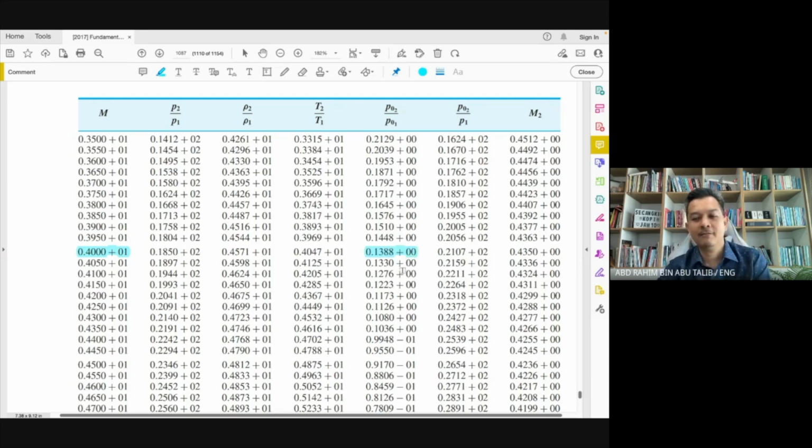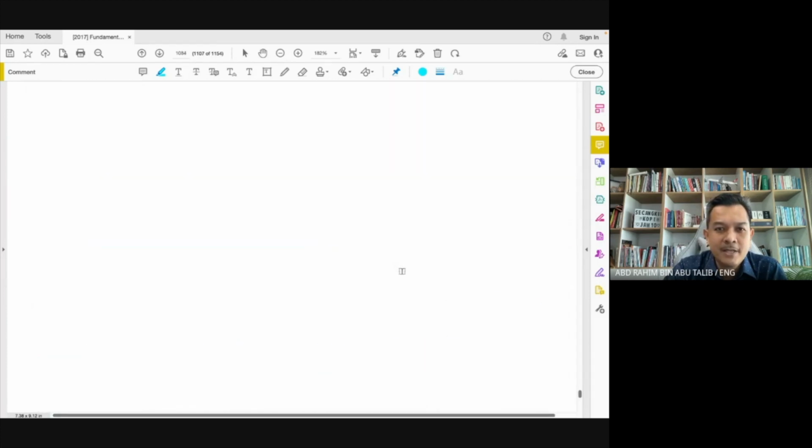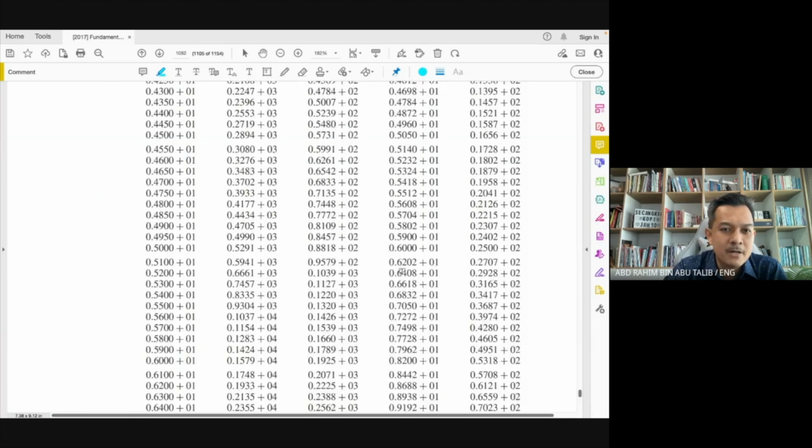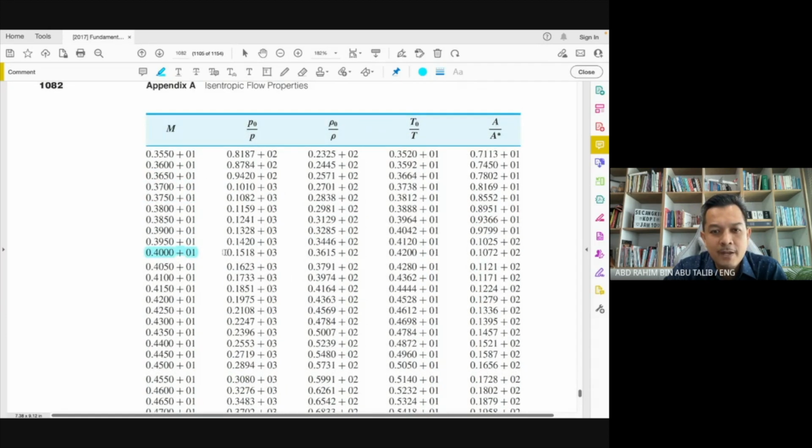At the same time, for Appendix A, when Mach number equal to 4, you have the value of P0 over P, which is equal to 151.8.